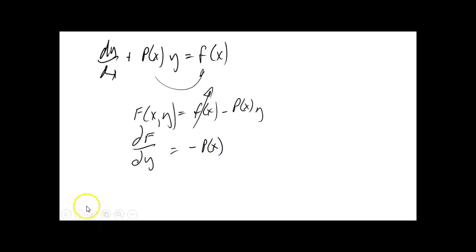Let's go to example 3. I'm tired of those. Well, if you did this, you would do exactly what you expected to. So here's another one. x dy/dx minus 4y is equal to x to the 6th e to the x.